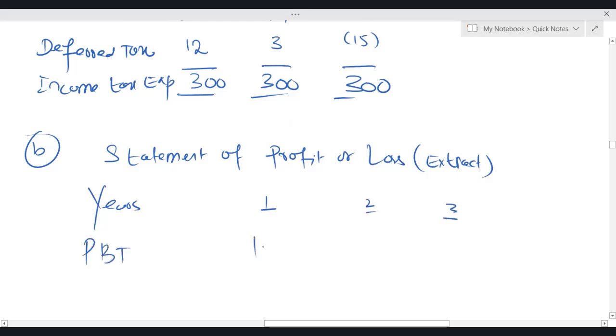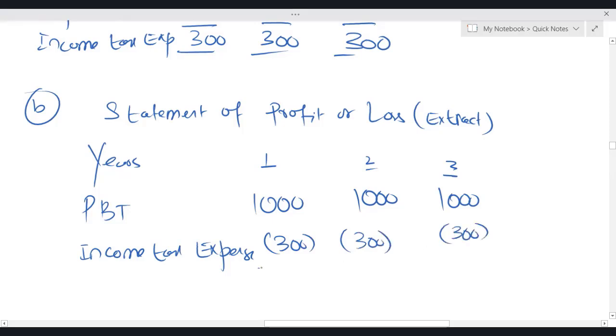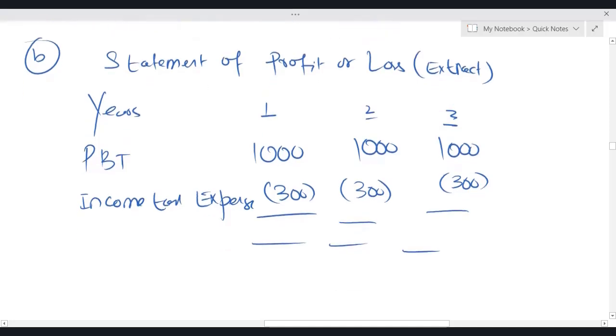Profit before tax, they have given us 1,000. Now income tax is 300 every year. Income tax expense is 300. Here comes your profit after tax.